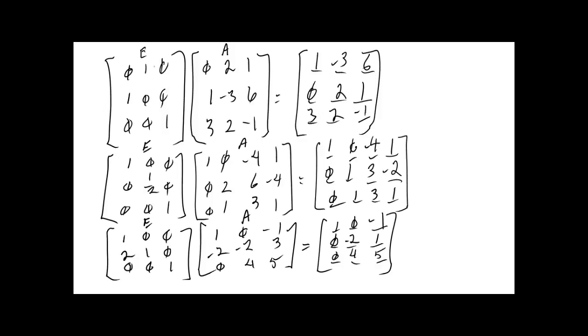Here's your 1. 0, that gives you a 0. -1. Okay? Next row.